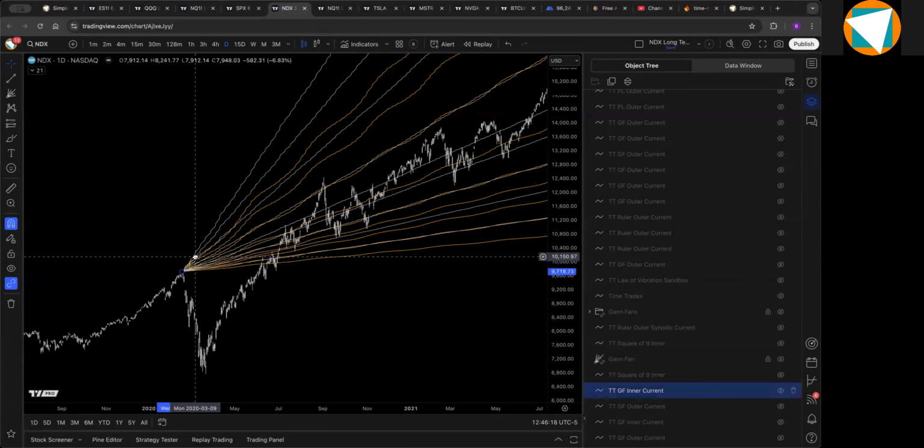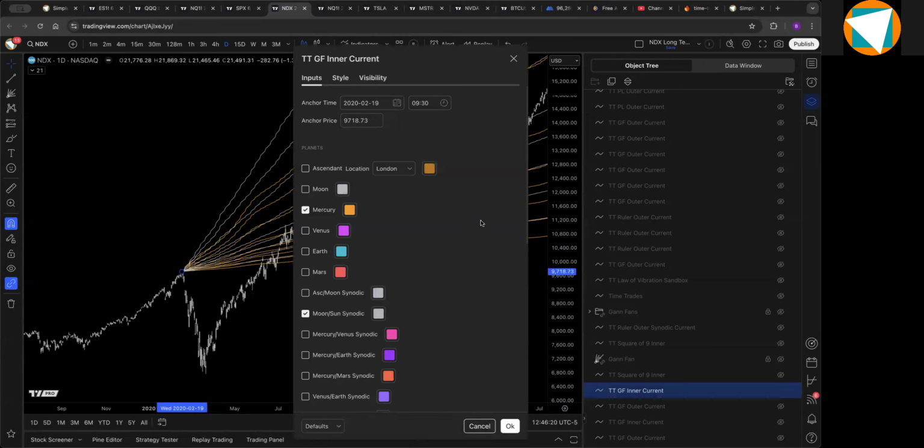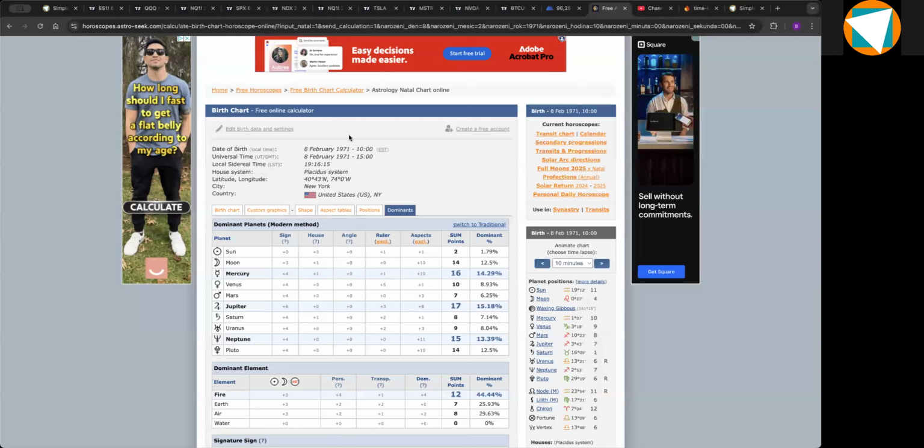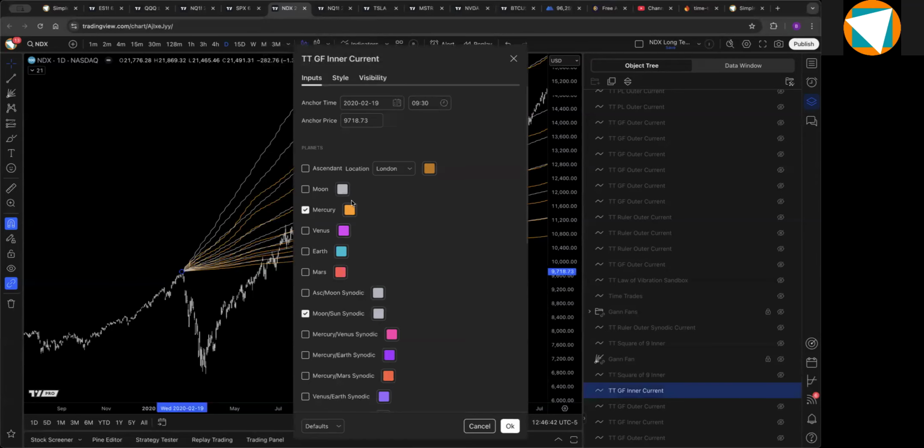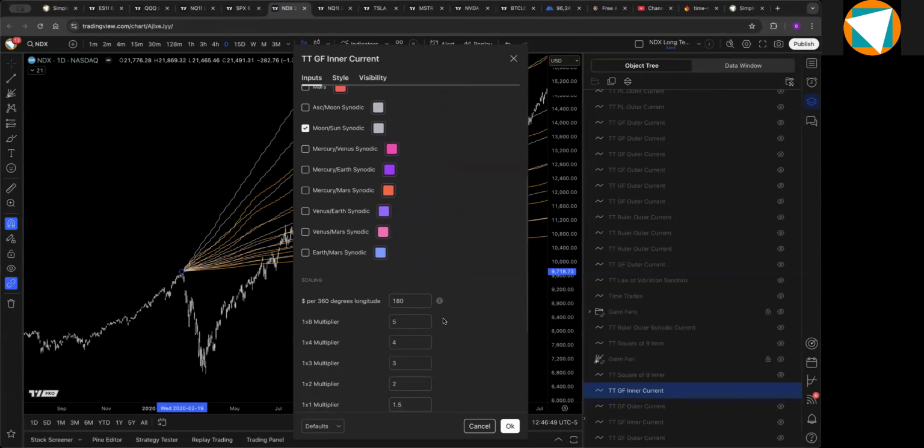Instead of using the TradingView standard Gann fan script, which draws straight lines, I'm using the information from AstroSeek, and I'm just choosing the dominant planets identified here: Mercury, Jupiter, Neptune, and also the moon and sun. So we've got Mercury here, we've got moon sun synodic that captures the lunar phase.